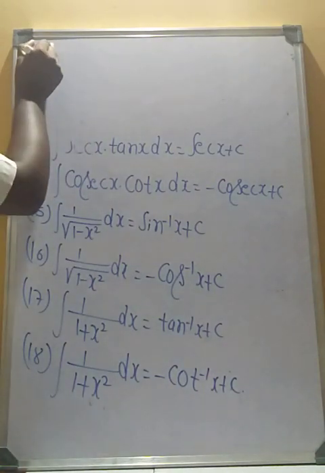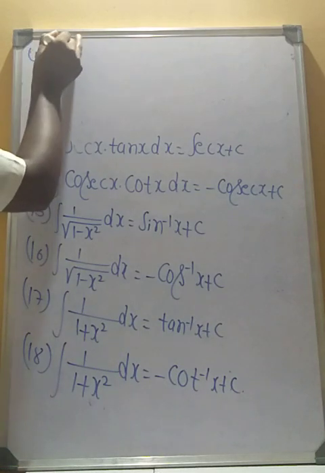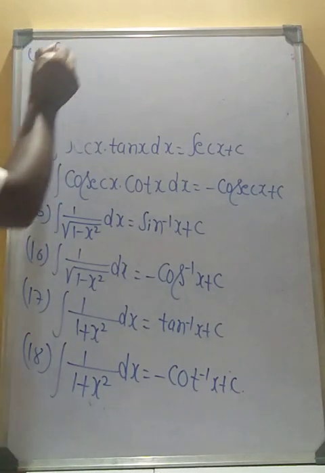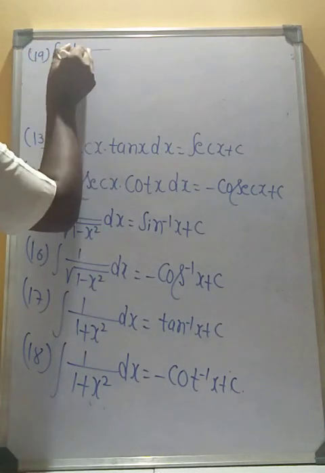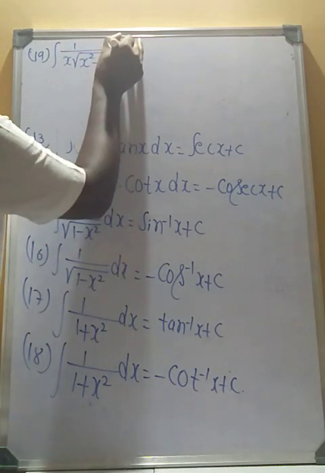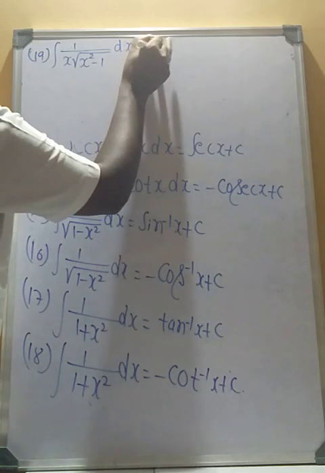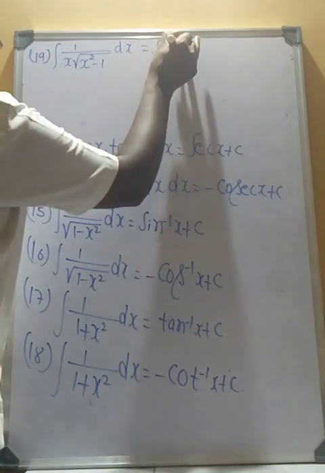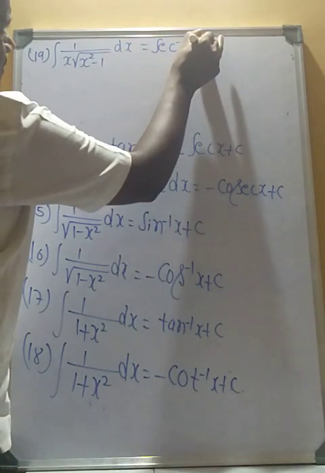So 19th formula, integral of 1 divided by x into root of x square minus 1 into dx is equal to secant inverse x plus c.